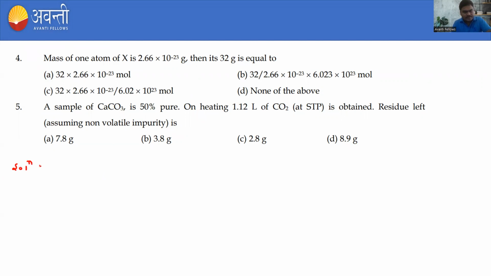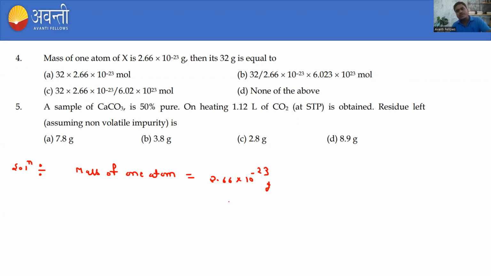The mass of one atom is 2.66 into 10 raised to the power minus 23 gram, then 32 gram is equal to what?